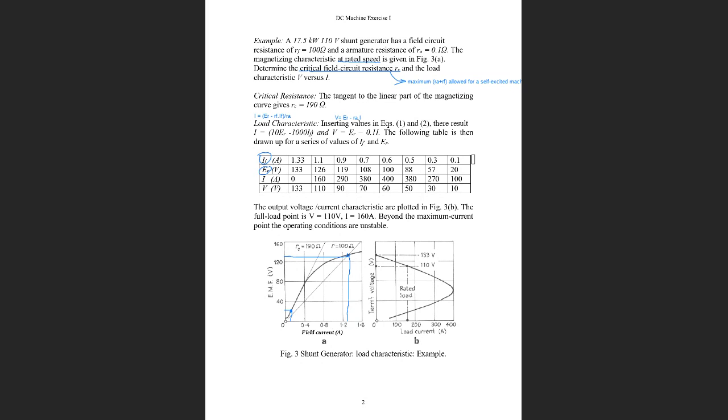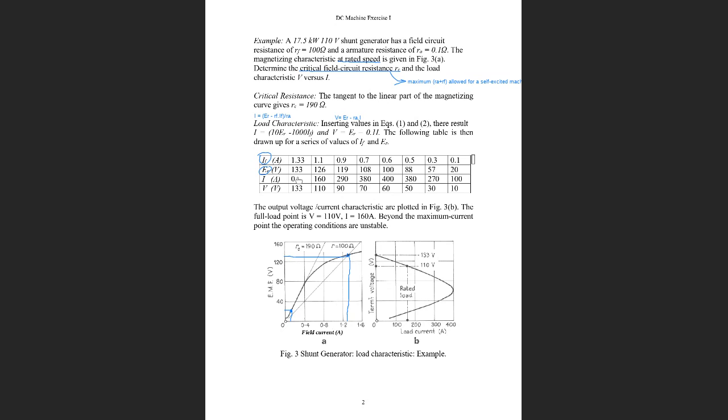So then, for a given internal generated voltage ER, for example, for the field current 1.33 amperes here, it corresponds to an internal generated voltage of 133 volts here.